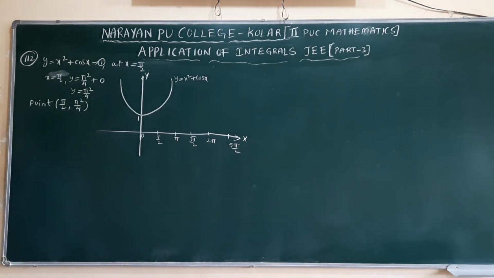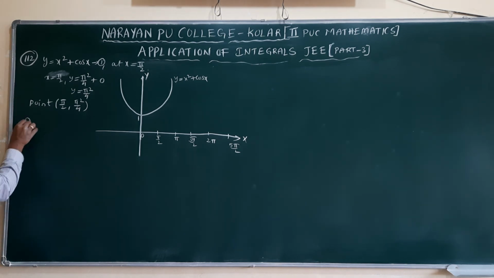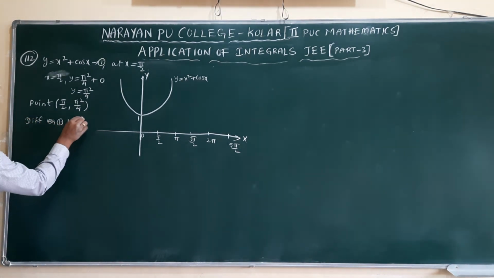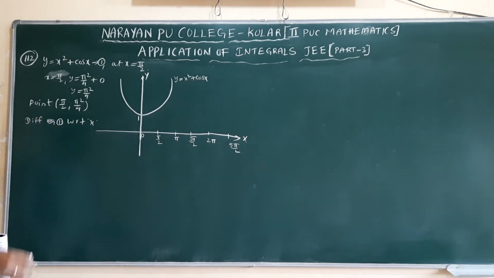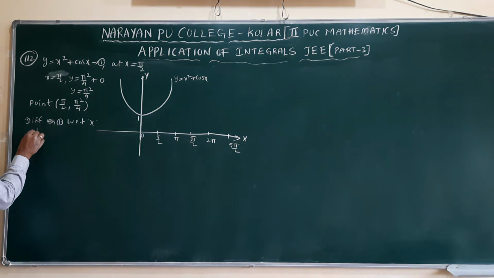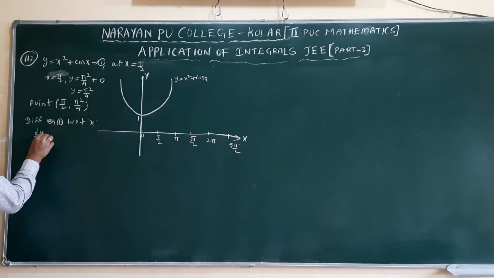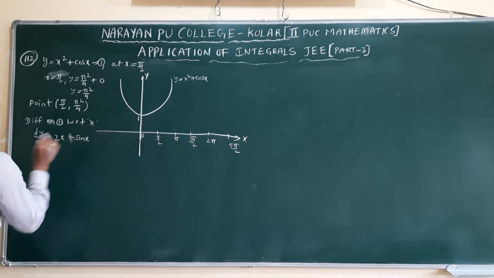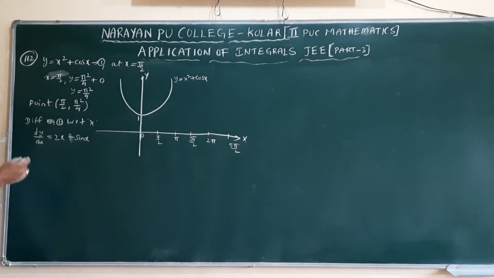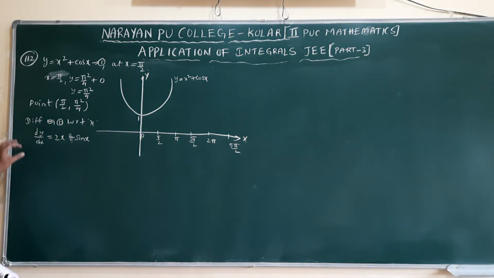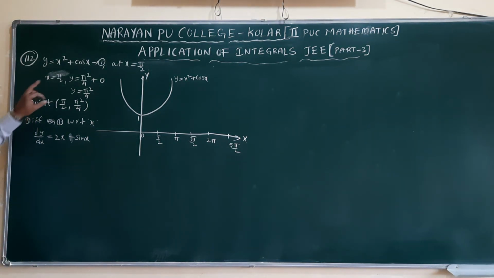To find the equation of the normal, we need to differentiate equation 1 with respect to x, but in competitive problems they ask mixed concepts, that's why. dy by dx equal to x square's derivative 2x, cos's derivative minus sin. The slope of the tangent to the curve is the derivative of the curve at the point, which we call the slope of the tangent.